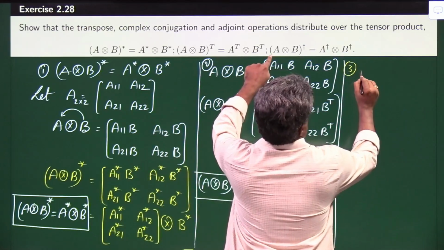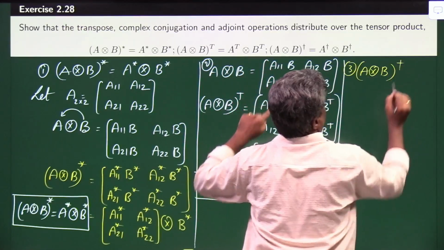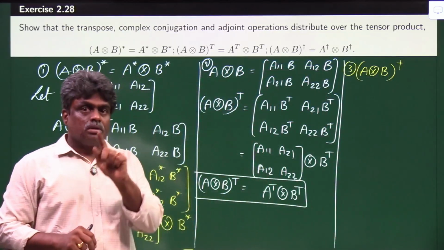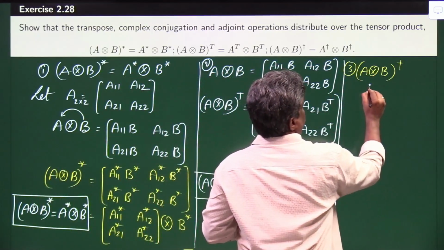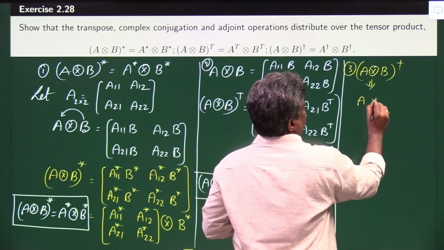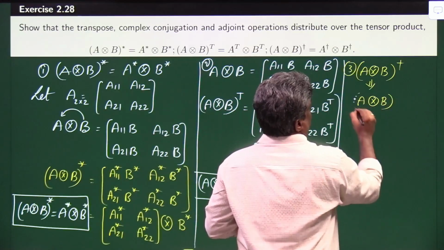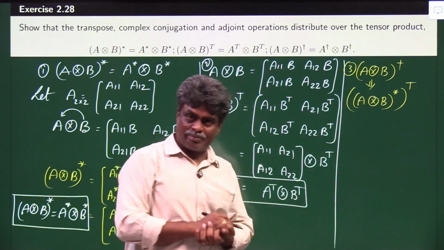So third one, here he is asking this A tensor B whole dagger. So what is this dagger? This dagger is nothing but transpose of complex conjugate. So take the complex conjugate and after that apply transpose.